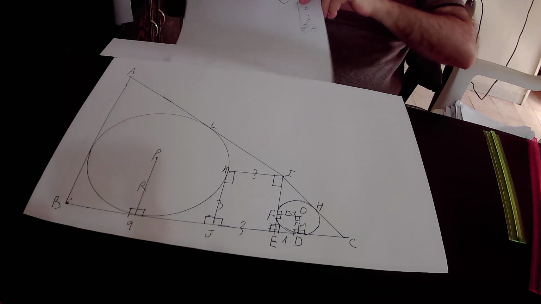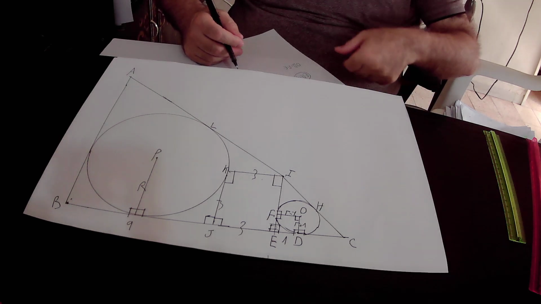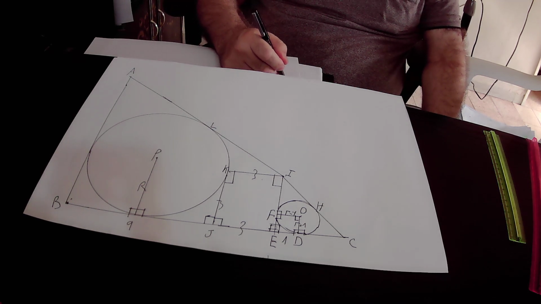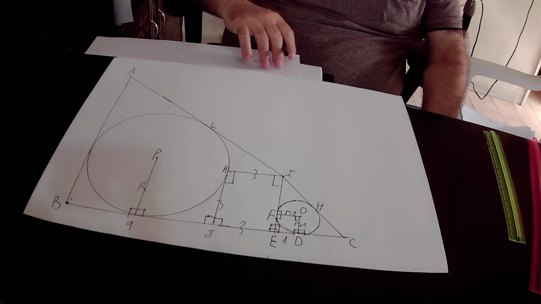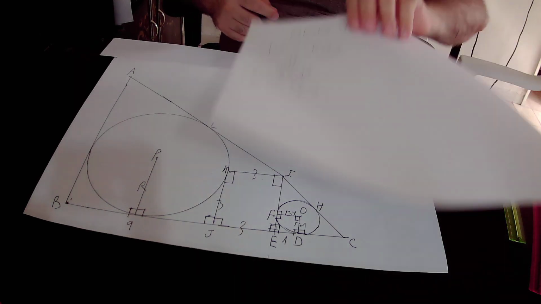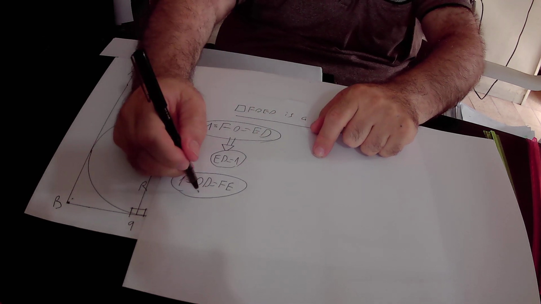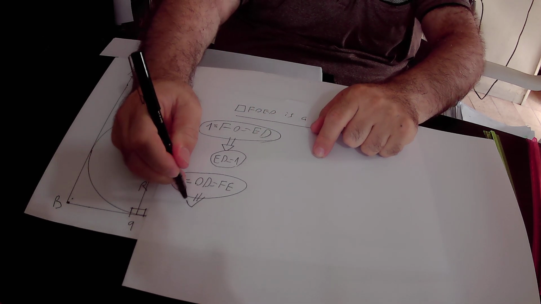But here we know that OD equals 1 unit, so I can write here that OD equals 1. And from this equation, 1 equals OD equals FE, we derive that FE is also equal to 1 unit.